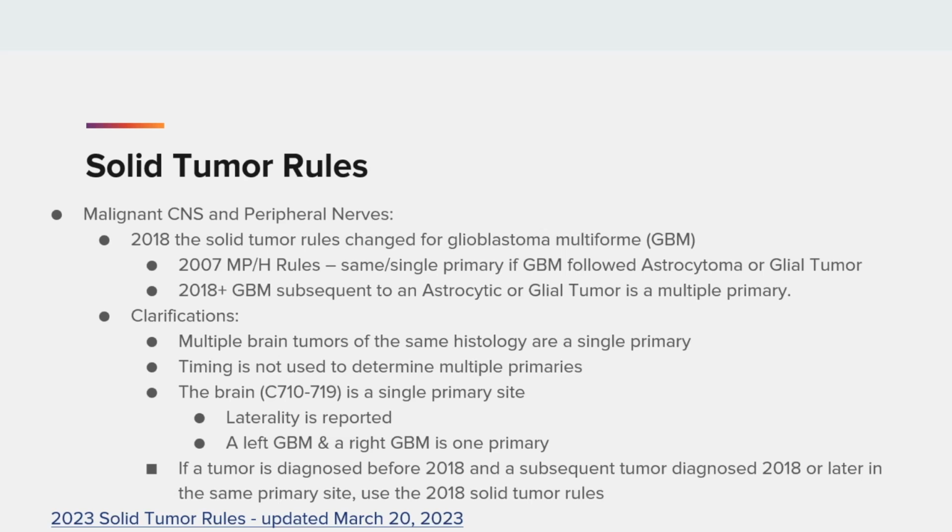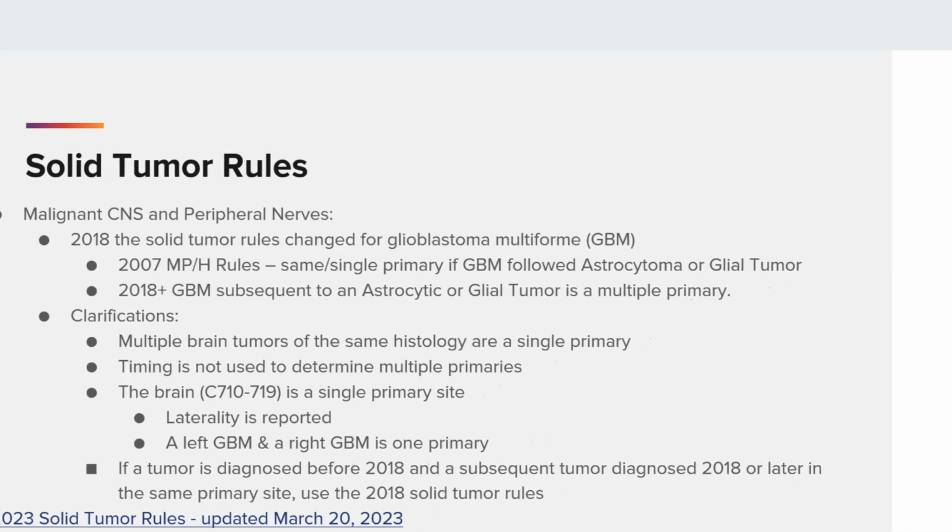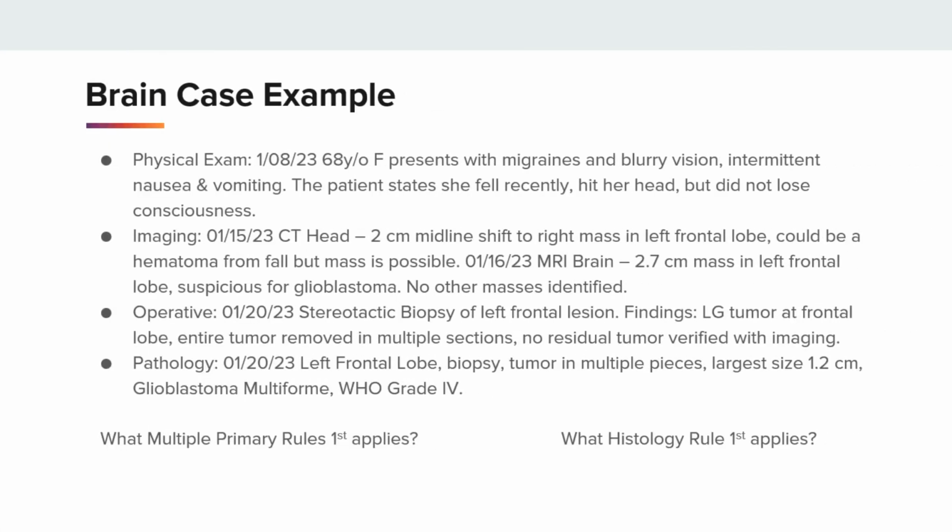So let's try using these rules in an example and follow along as we work through the case. So here is our brain case example. We have a physical exam with a patient that presents with migraines and blurry vision, intermittent nausea and vomiting.